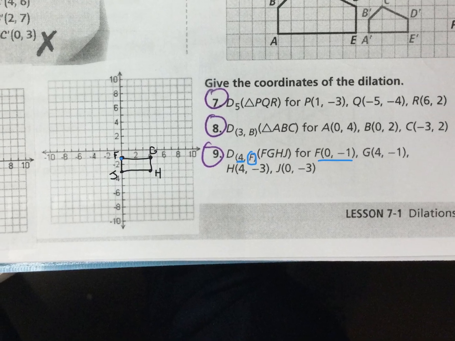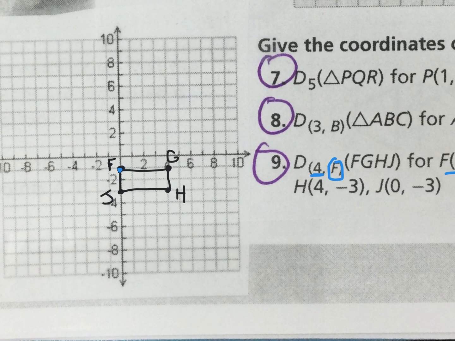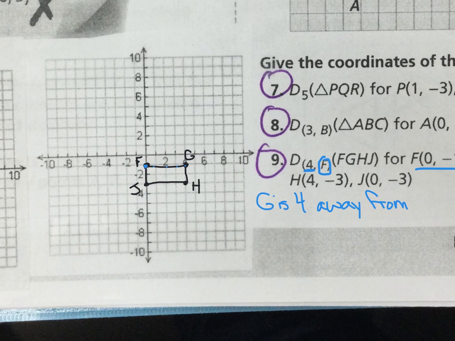Now, the key here is to think about distance. So let's look at G. G is 1, 2, 3, 4 away from the center of dilation, from F. If we multiply that by 4, we get 16.